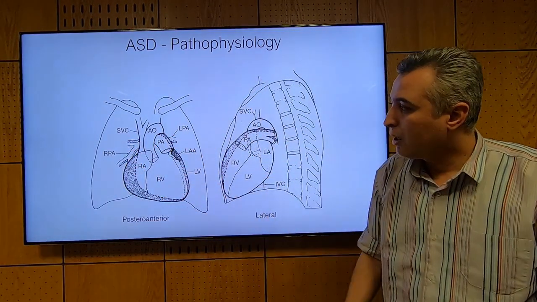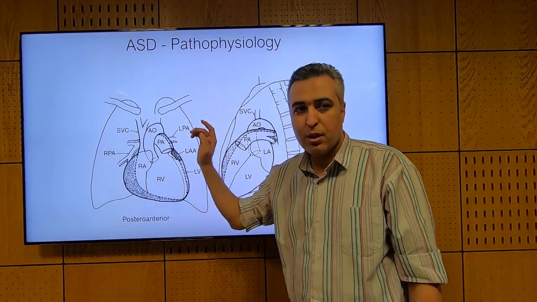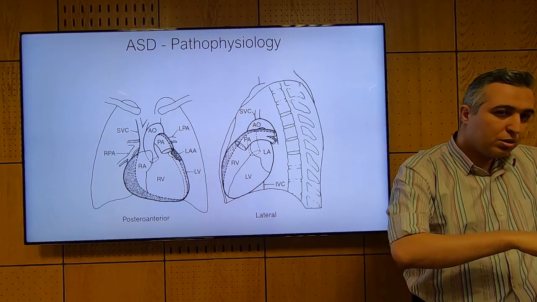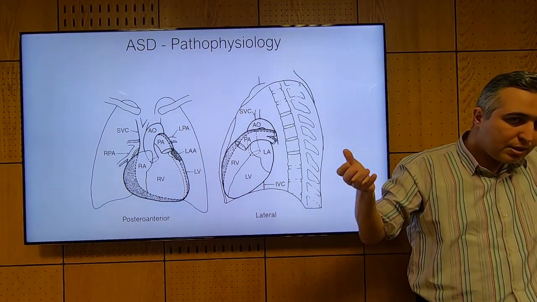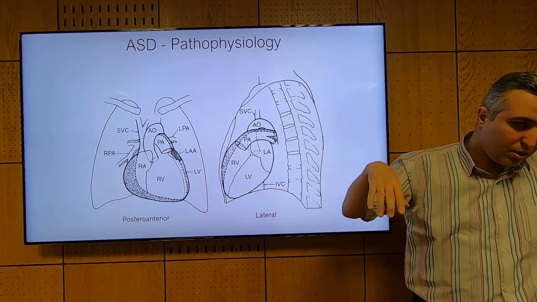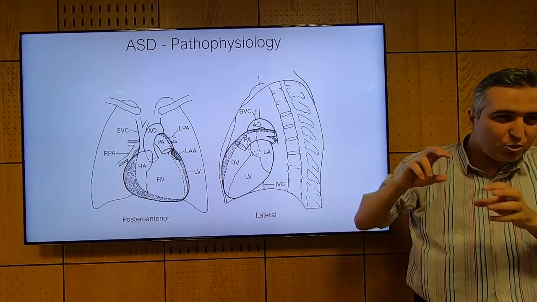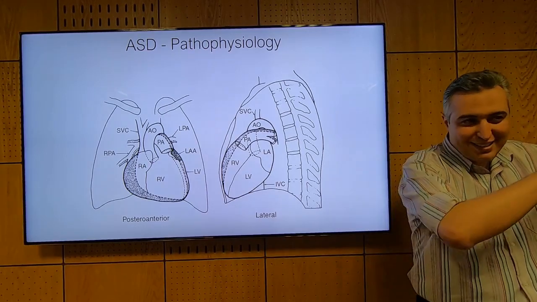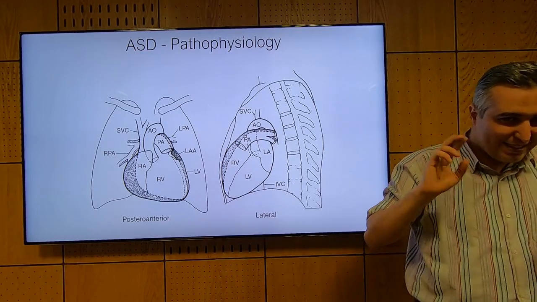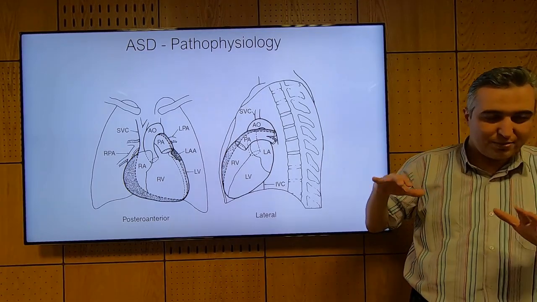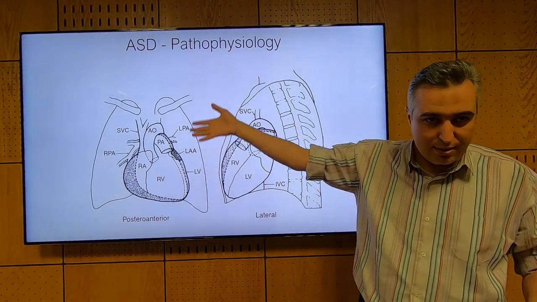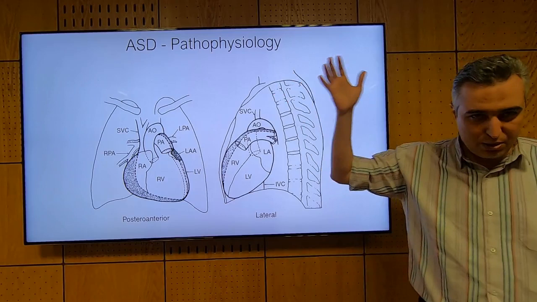Just to get this, plethora is a higher pulmonary flow. Congestion is obstructed venous return. But the term pulmonary congestion is widely used to mean plethora. This is not exactly correct, but you'll hear a lot of people saying the chest X-ray is congested, and they mean plethoric.